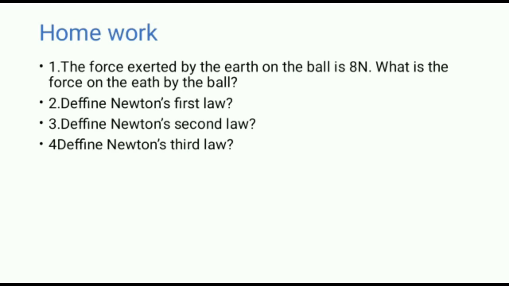Second, define Newton's first law. Third, define Newton's second law. Fourth, define Newton's third law. These are the homework of this chapter. Thank you for giving this opportunity.